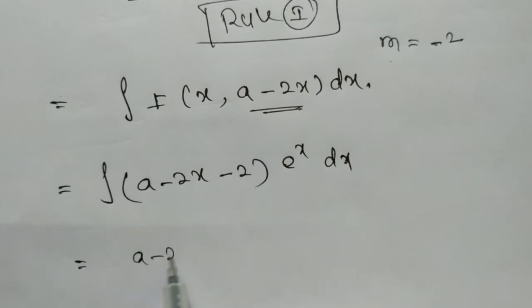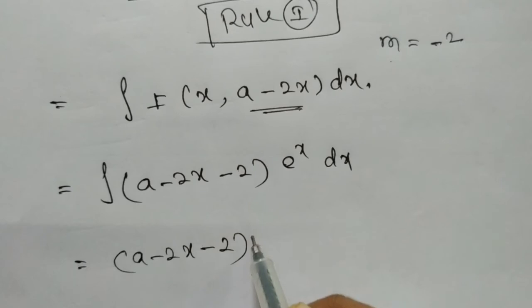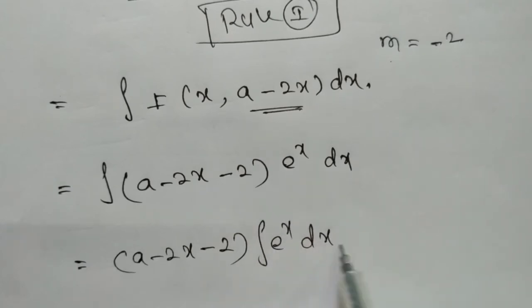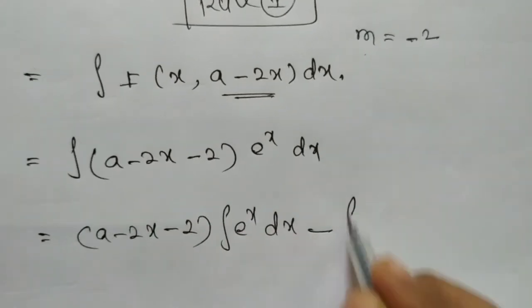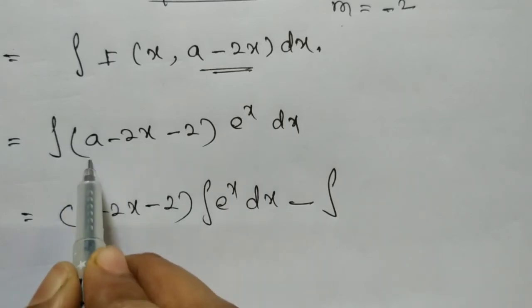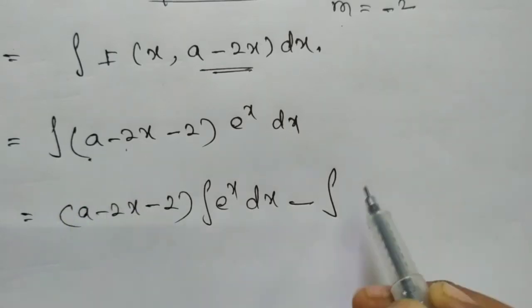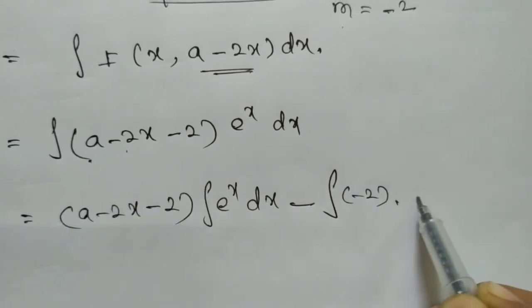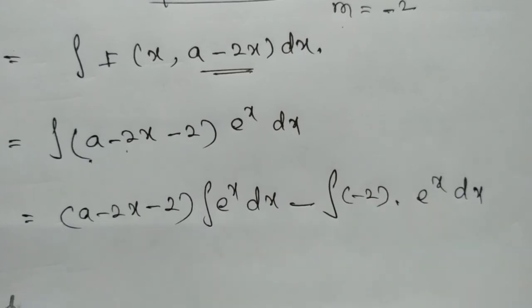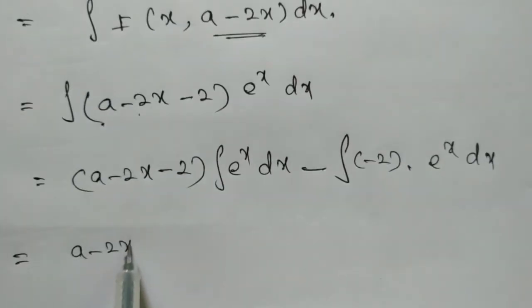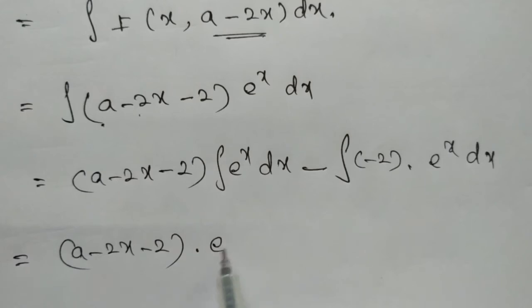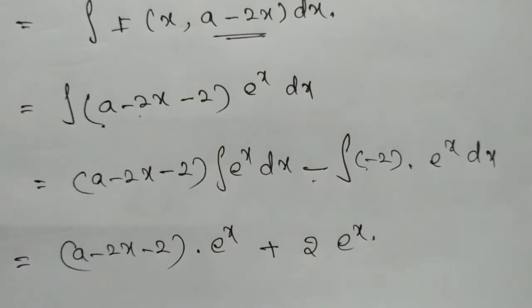So a minus 2x minus 2 into integration of e power x dx minus integration of u dash, so constant value 0. So here minus 2 and again e power x dx. So a minus 2x minus 2 into e power x, here minus into minus plus 2 into e power x.